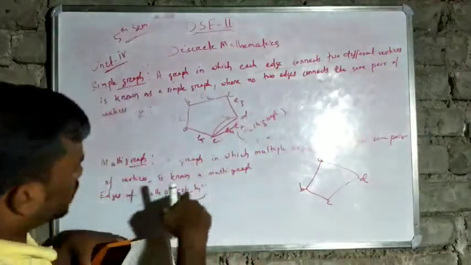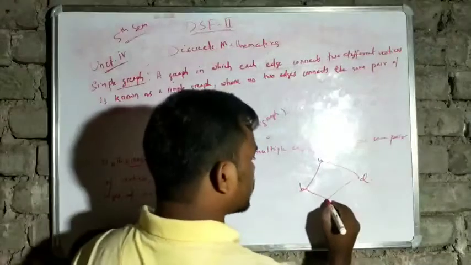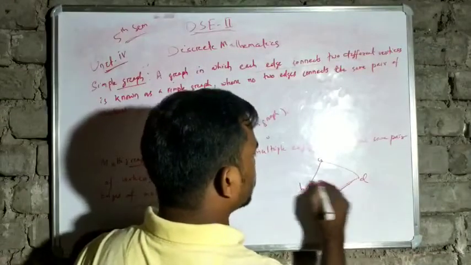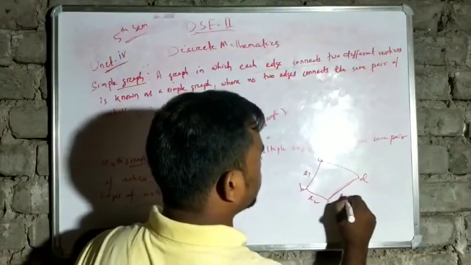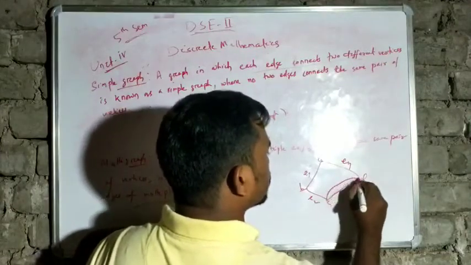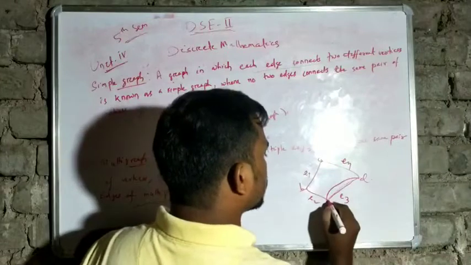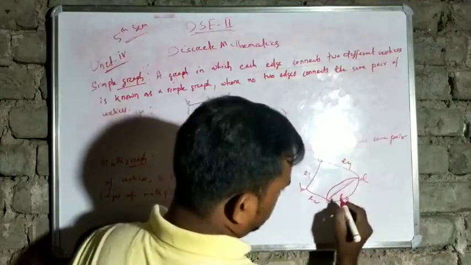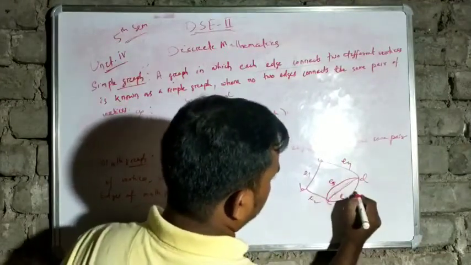Suppose there are 4 edges like e1, e2, e3, e4, and suppose there are 2 other edges, this is e5, this is e6.